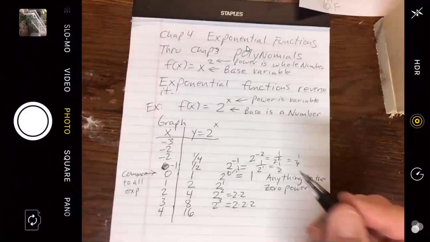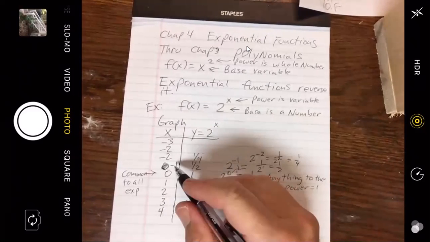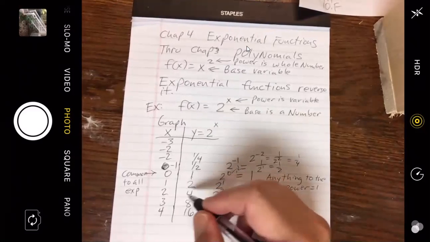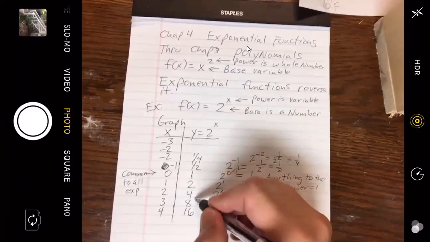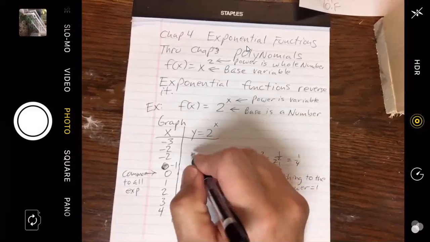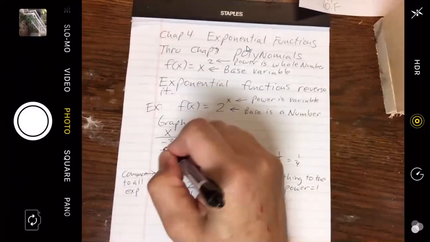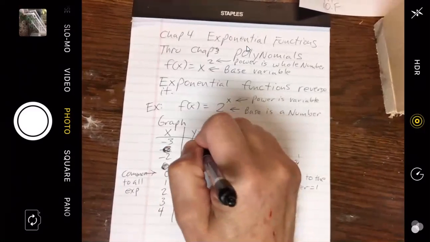You see the pattern? 2 to the 1 is 2. 2 to the minus 1 is 1 over this, 1/2. 2 squared is 4. 2 to the minus 2 is 1 over this. Okay, 2 to the minus 3 would be 1/8.